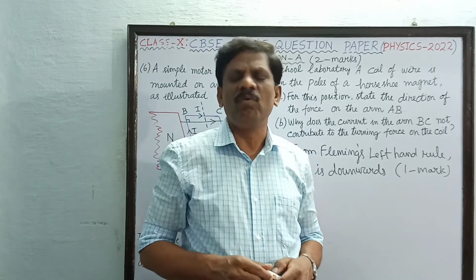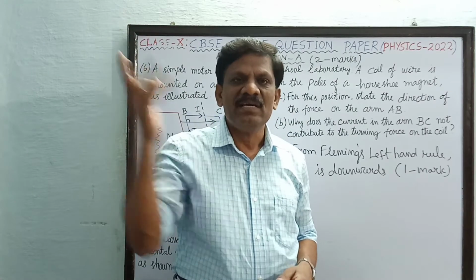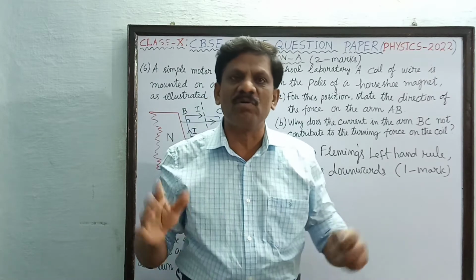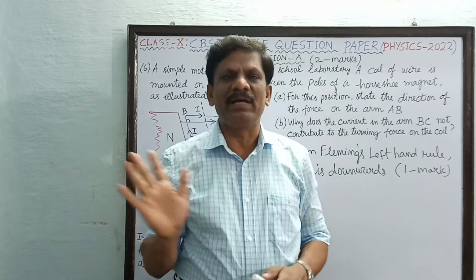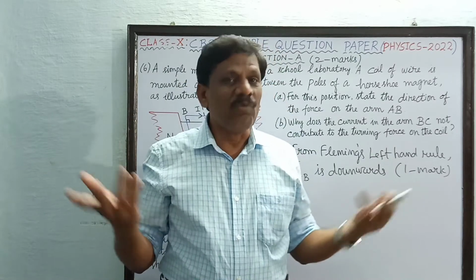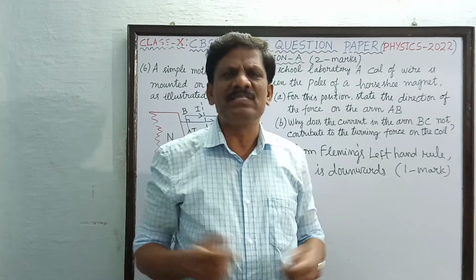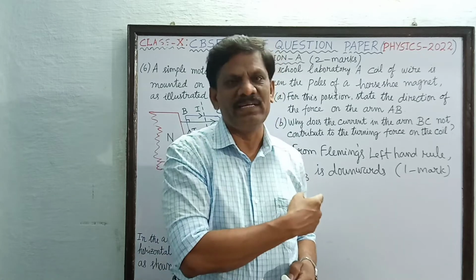The force experienced by any branch of the coil is maximum when the current flowing through that branch is perpendicular to the magnetic field. And when it is either parallel or anti-parallel, the force acting on that arm will be zero. Why? It is based on a higher level point which I am going to explain here.